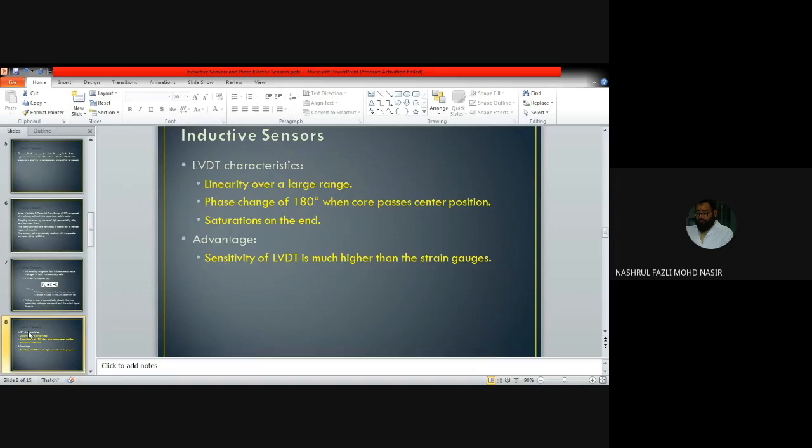It can cost up to 3,000 to 4,000 because it is able to measure up to 4 decimal points, whereas you can get a measuring scale that is 20 ringgit in the market. This is the reason why you need to consider all these kinds of sensors: what type of application you want, how sensitive it can be, how costly, because some people really need to be very accurate.